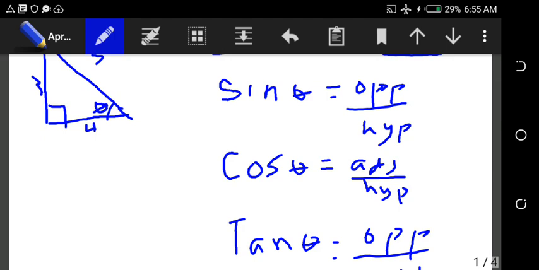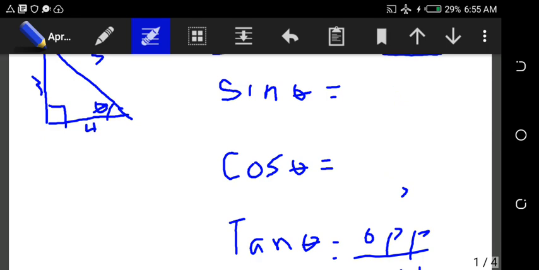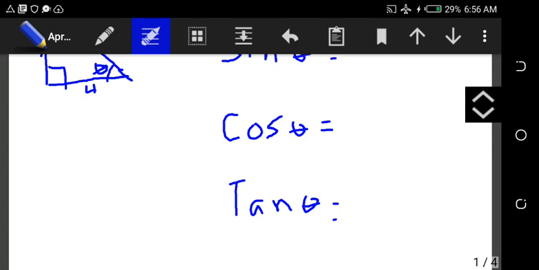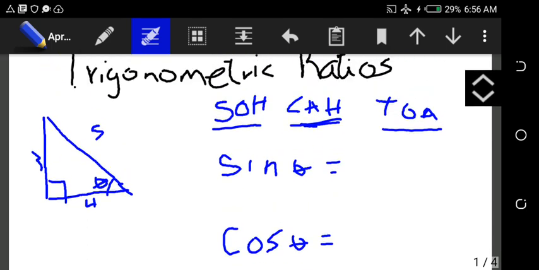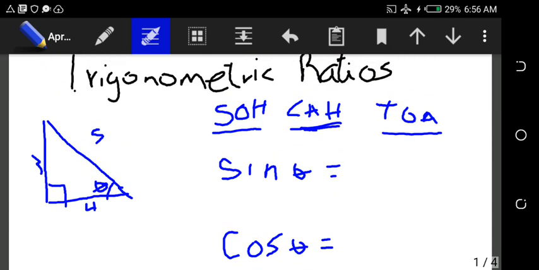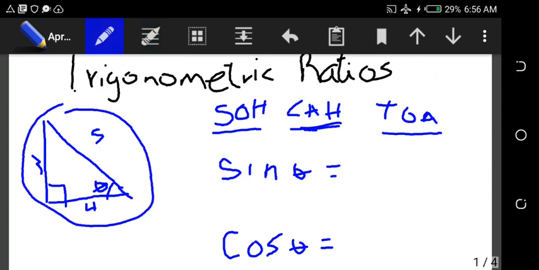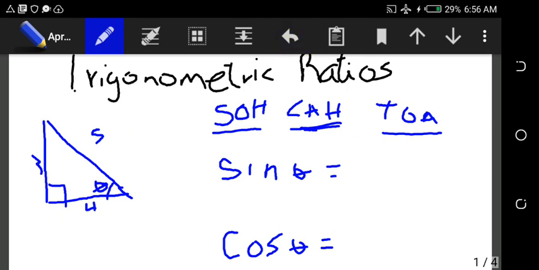So if we want to evaluate sine, cos, and then tan using the triangle that we have here. Now for sine theta, remember that from SOHCAHTOA, sine is opposite over hypotenuse.